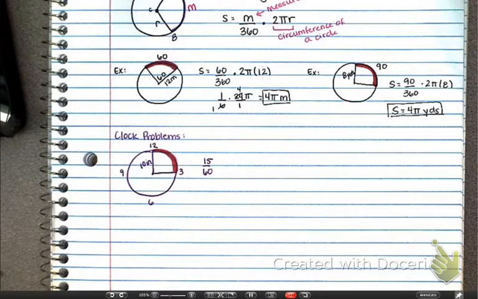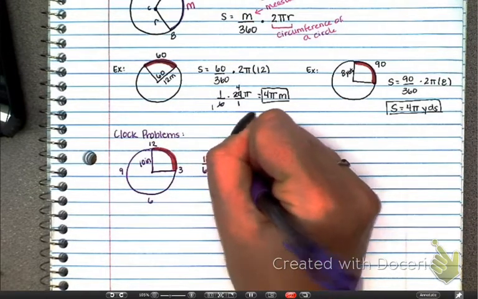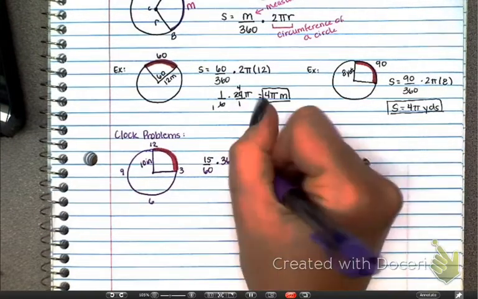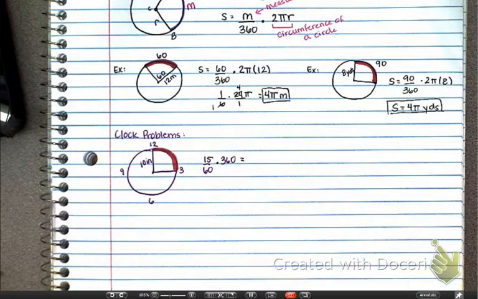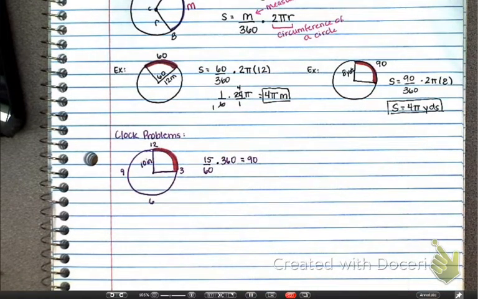But a circle is how many degrees? 360. So I'm going to take my 15 minutes out of the hour and multiply it by 360. What do you get? 90. So again, we can look at that and say it's 90 degrees. But just in case, you're going to take your minutes over an hour, so however many minutes you have over that 60, and then multiply it by 360 so you actually find the degree.